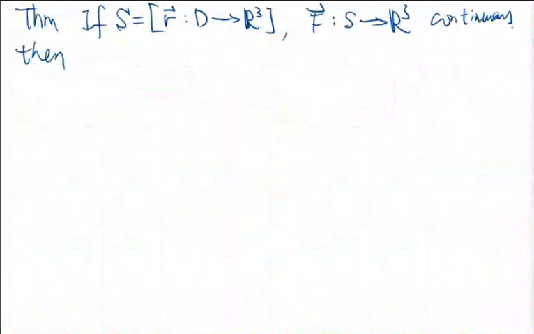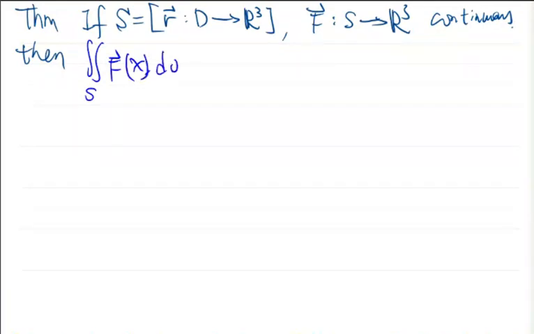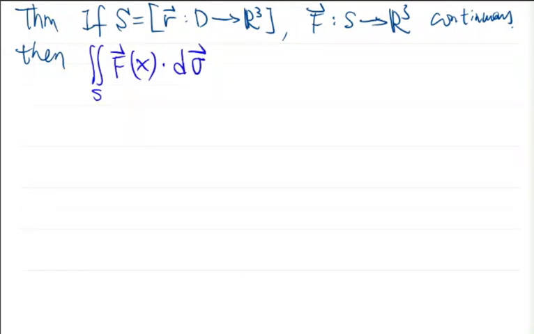So I need to write this. The flux integral is the integral of F(x) · dσ. Here x is a point on S, which has three coordinates. x is not a real number; it is a point in R³.